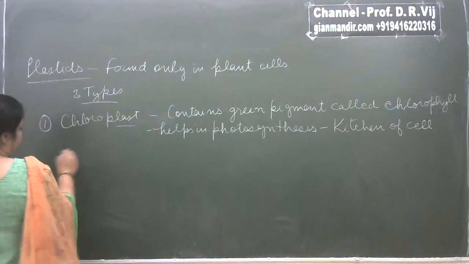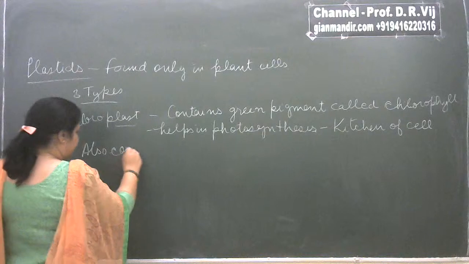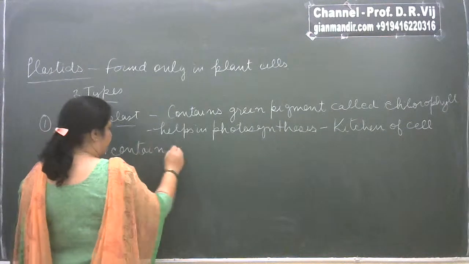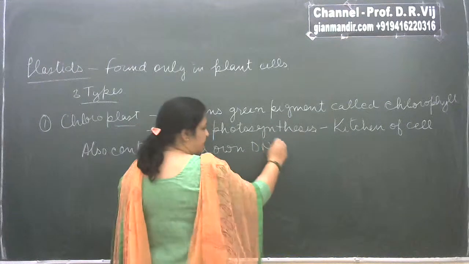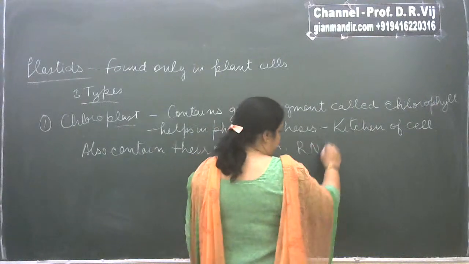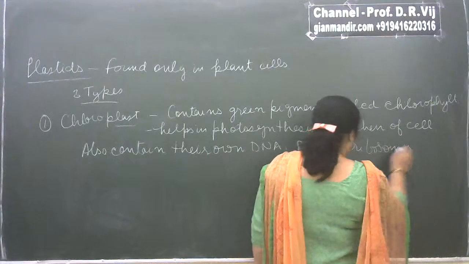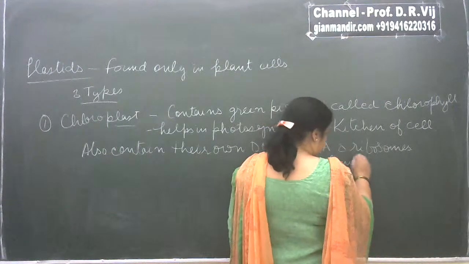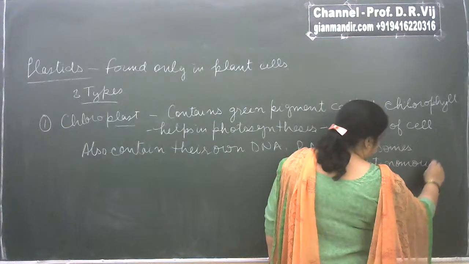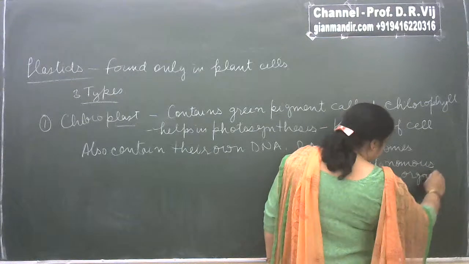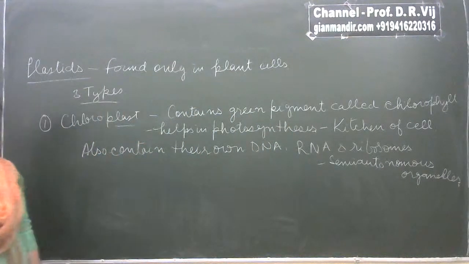And one more important thing, chloroplast also contains their own DNA, RNA and ribosomes. Hence these are also semi-autonomous cell organelles, right? So like mitochondria, the chloroplasts are also semi-autonomous cell organelles.